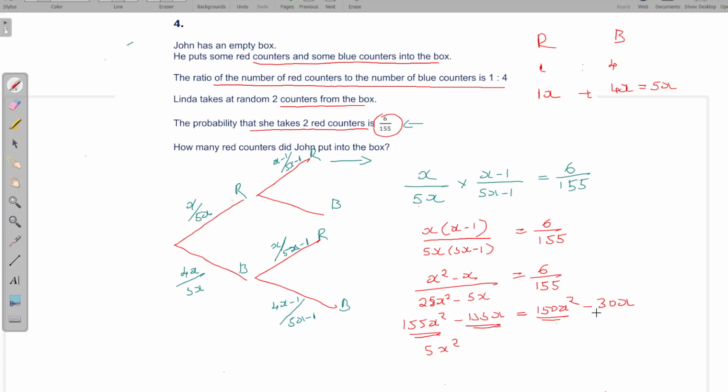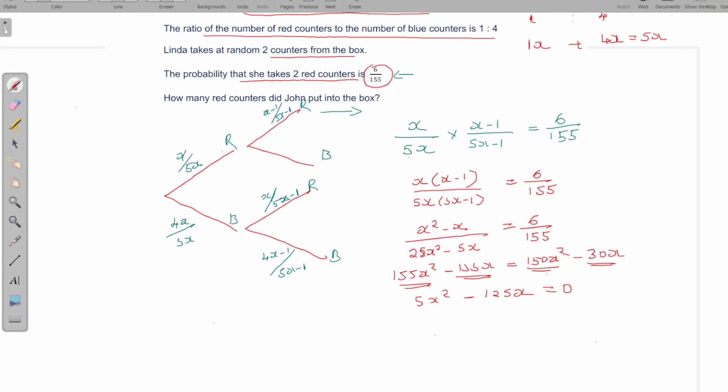This is 155, you bring the 30 to the other side, sign changes, becomes minus 125x is equal to 0. So we can factorize this. 5x times x minus 25 is 0. That means either 5x is 0 or x minus 25 is 0. x can't be 0, so x minus 25 is 0. That means x is 25. The question is how many red counters? Red counters is x, therefore red counters is 25.